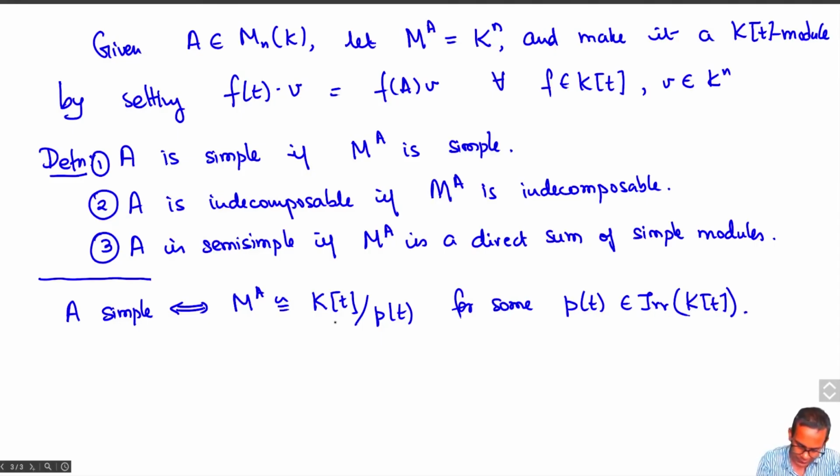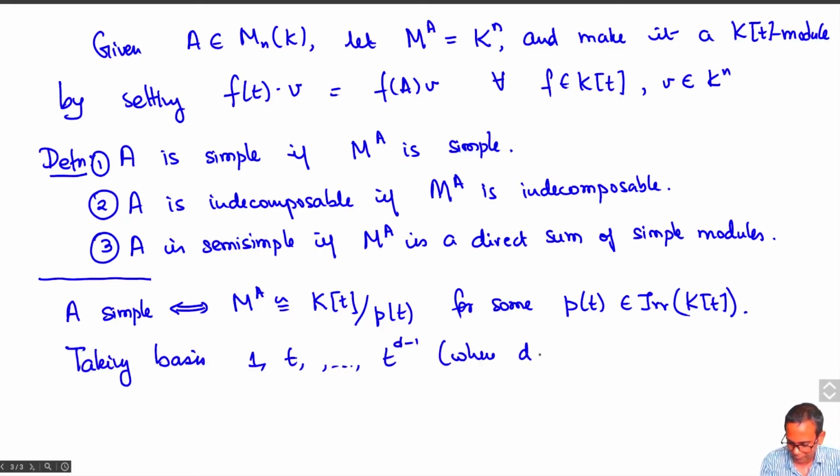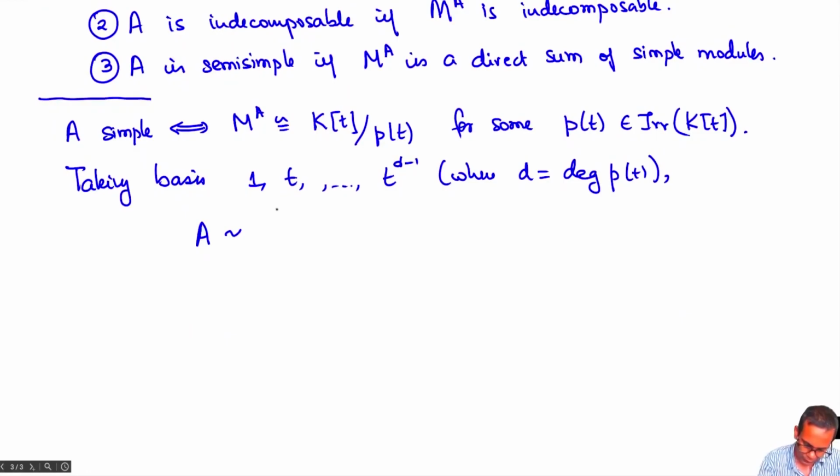And what this means is if you take a basis 1, t, up to t to the power d minus 1, where d is the degree of P(t), we get that A is similar to the matrix which has the following form. So the first basis vector is 1, it goes to the vector t.